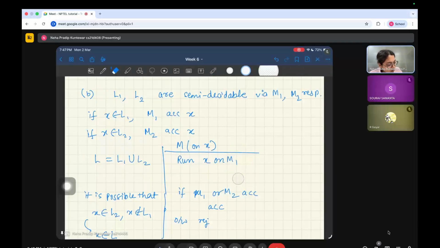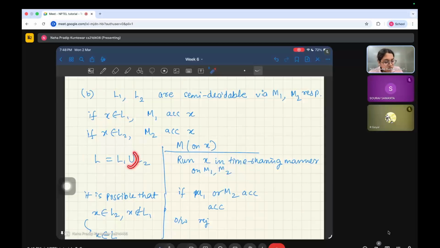You run them in a time sharing manner on M1 and M2. That means first you execute one step on M1, then one step on M2, then two steps on M1 and two steps on M2, and you keep on doing this. Eventually either M1 or M2 will say yes at some point, and at that point we break and give our answer on acceptance.